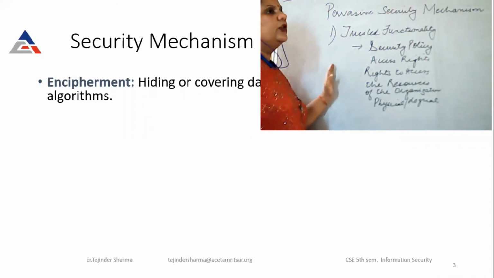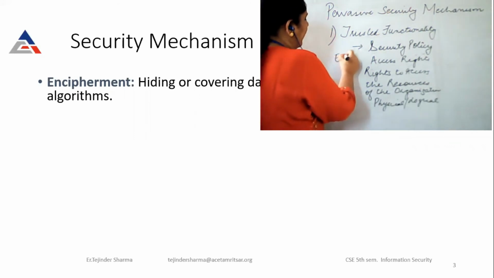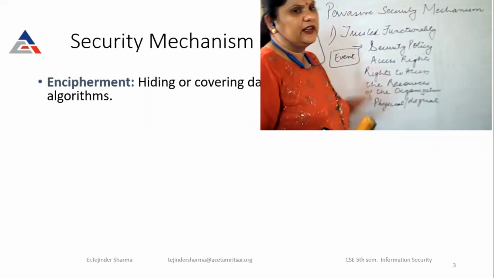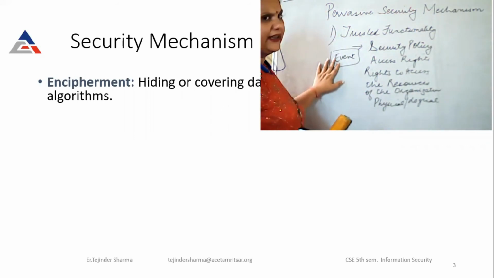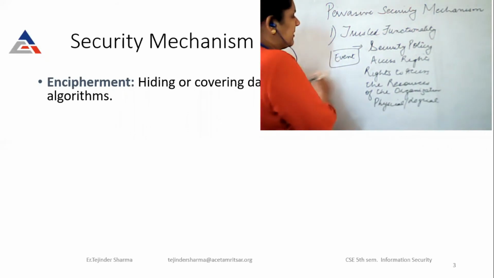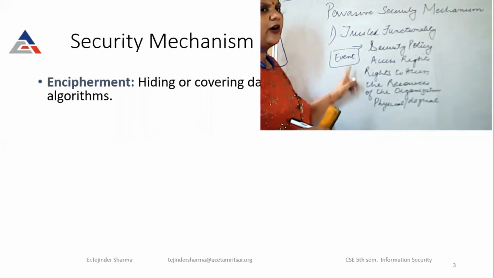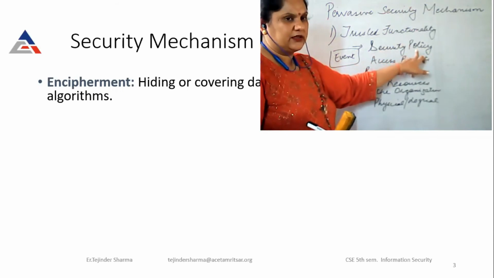For example, you are downloading some file from the server, that is also an event. Whenever you take any action, either in physical access or logical access, that is called an event. Whenever an event is carried out, whether that event is permissible or not permissible, allowed or not allowed, is defined by the security policy.